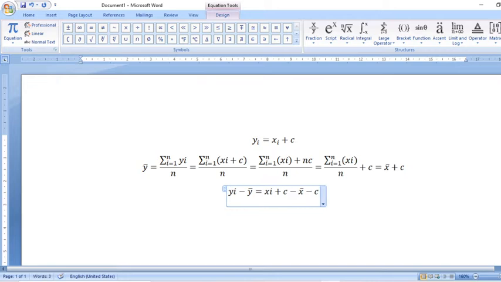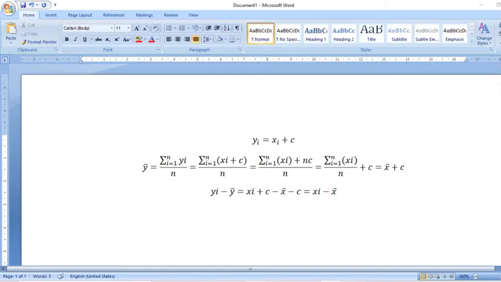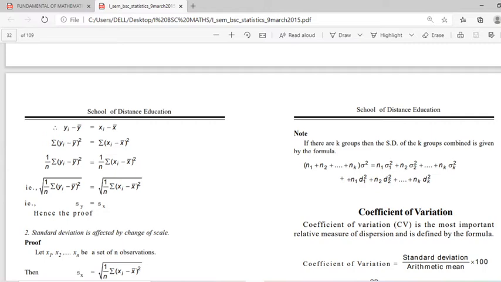That means when we subtract, it will be xi minus x bar minus c plus c, so that is exactly equal to xi minus x bar. I think this is clear for you. So we can substitute.